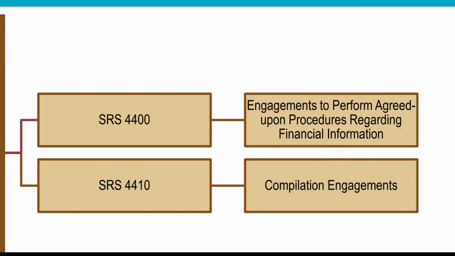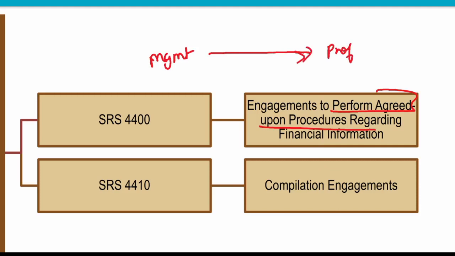Agreed upon procedures means maybe management have contacted any professional, any CA, and told him that there are some procedures that we want you to perform. It can be part of the whole financial statement, or it can be anything agreed.